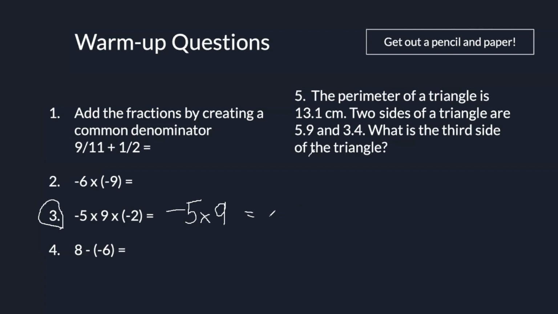Oh, you already drew the equal sign. Okay. Negative 5 times 9 is negative 5, no, I mean 5 times 9. And then 5 times 9 is 45.